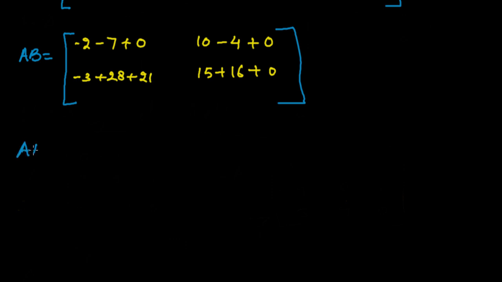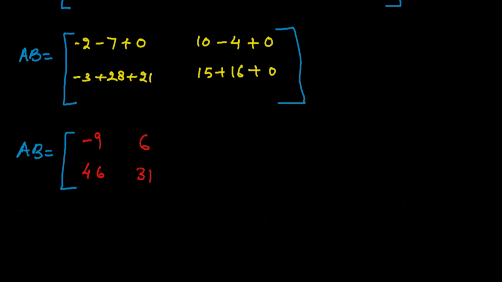AB, you see here at the last I change the color also. Minus 2 minus 7 it is minus 9, 10 minus 4 it is 6 now. This is 28 plus 21 it is 49, minus 3 it is 46 now, and here 15 plus 16 is 31.